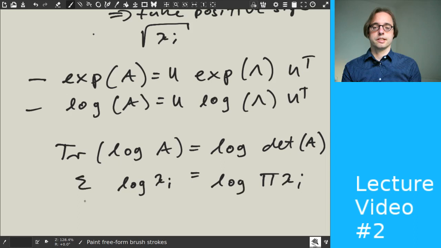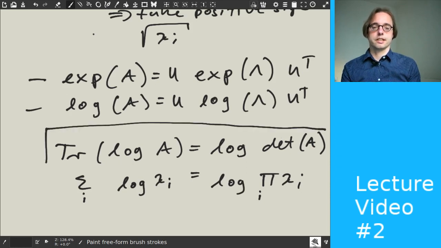So this is the sum over all i, and this is the product over i. You can easily see that of course this is the same, because the logarithm converts the product into a sum. So that's a nice identity that occasionally is also quite useful.